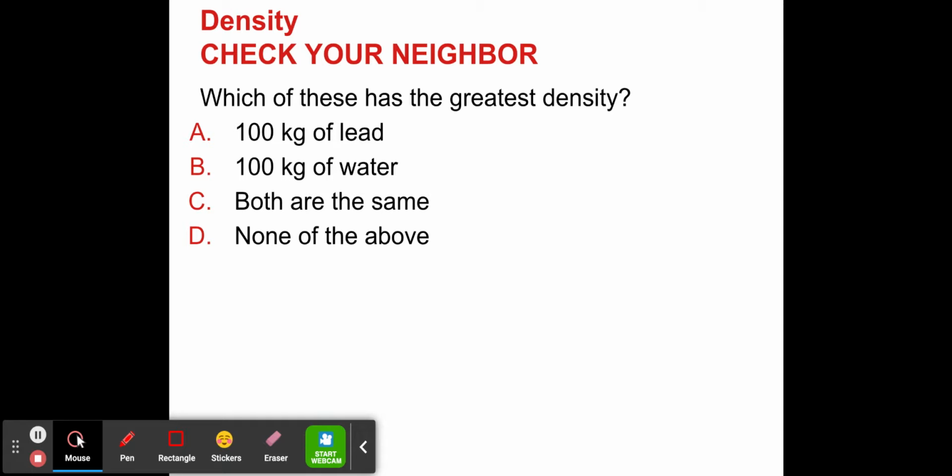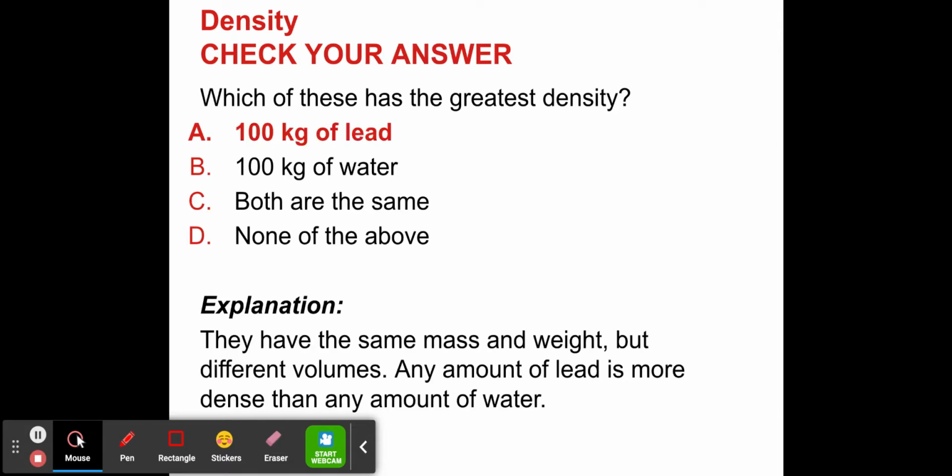All right, let's check this out. Which of these has the greatest density? 100 kilogram of lead, 100 kilogram of water, both are the same, none of the above. Think about it. They have the same mass and weight, but different volumes.